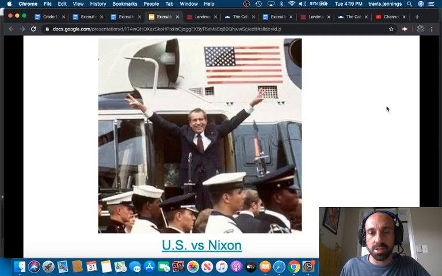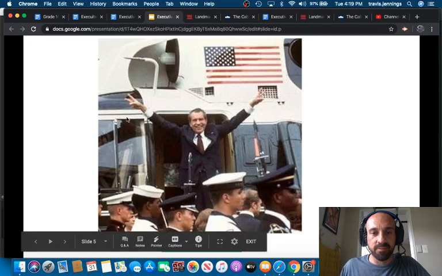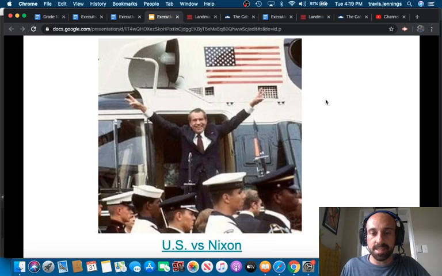Here's a very famous photo of Nixon as he is leaving the White House, as he was the only president to resign from office. He feared that he would be impeached and later kicked out of office, so he decided, okay, I'm just going to call it quits.